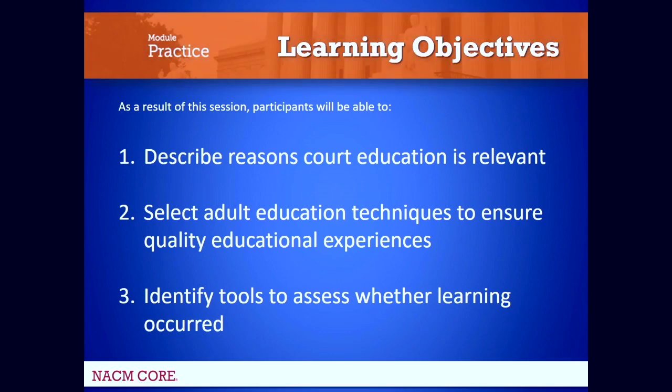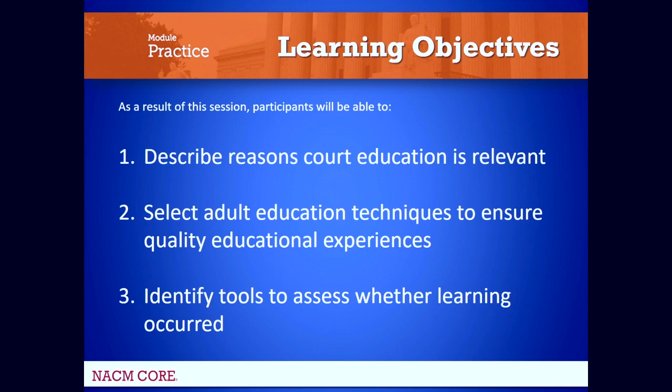Now, as all good educators know, we must start with some learning objectives. And each one of the core curriculum designs has learning objectives that are clearly defined in the front part of the curriculum design. Those range from 5 learning objectives to 13 learning objectives. And so I wanted to start by pointing out the learning objectives we have for today's course.